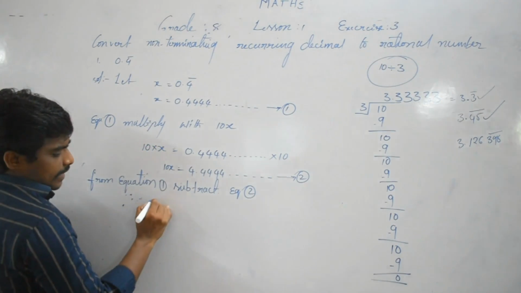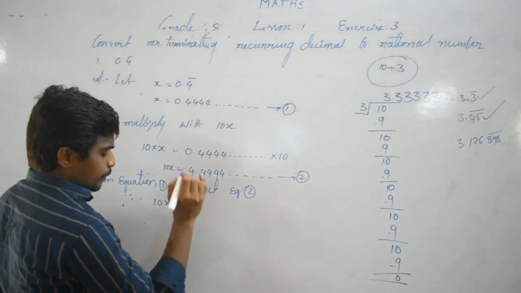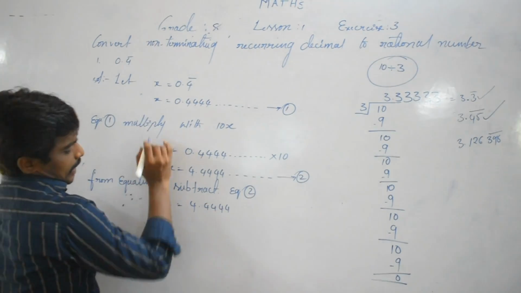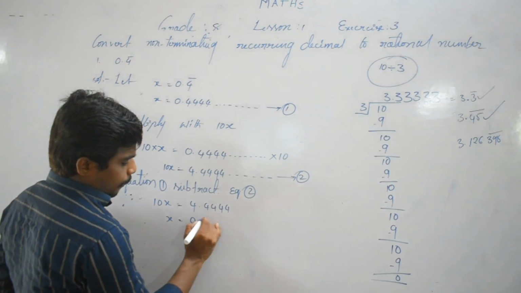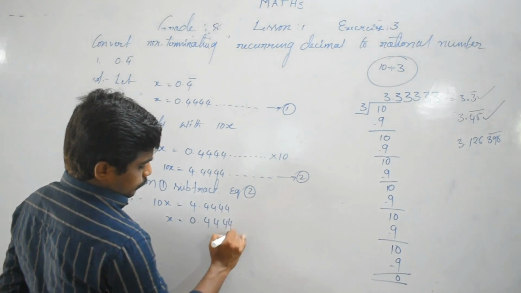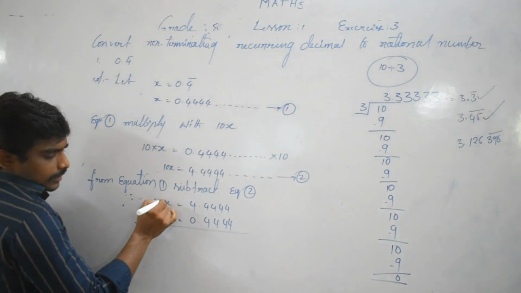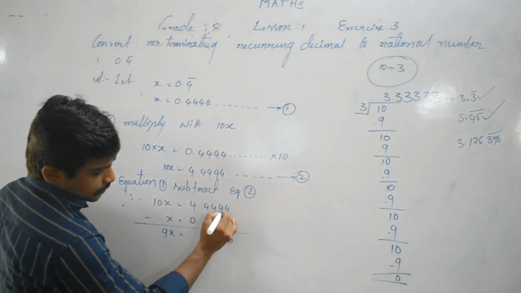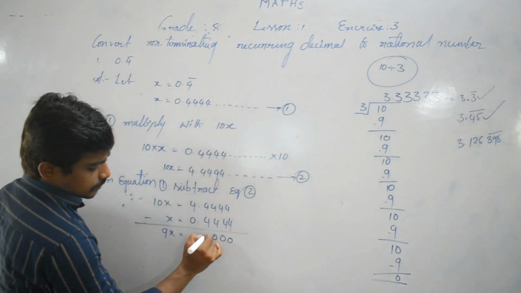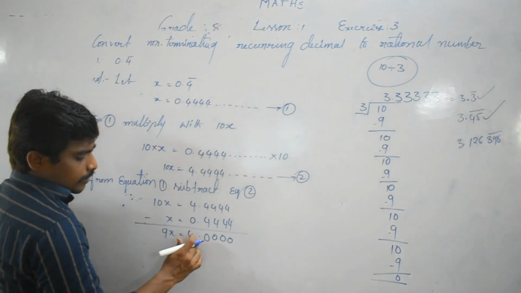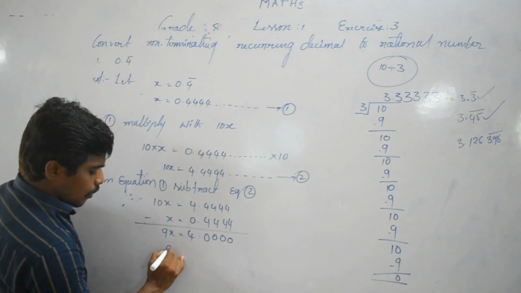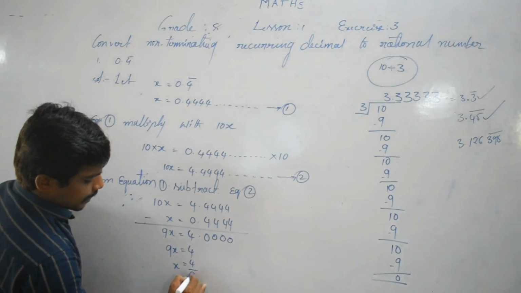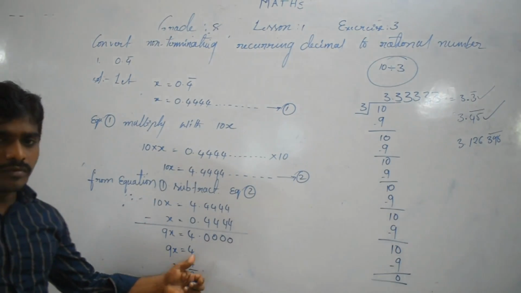So 10x equals 4.4444, x equals 0.444. Subtracting, 10x minus x is 9x, and 4.444 minus 0.444 is 4. Point after 0 has no value. So 9x equals 4, x equals 4 by 9.